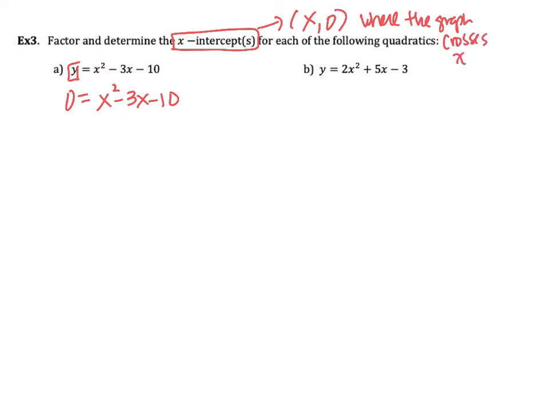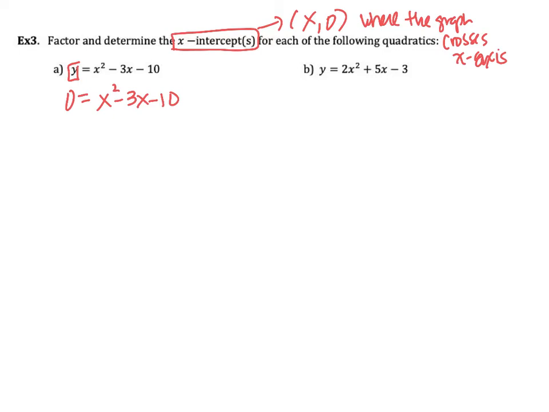How do I find the x-intercepts? I plug in 0 for y. So when you're solving a quadratic equation, you're technically finding the place where the parabola is going to cross the x-axis.